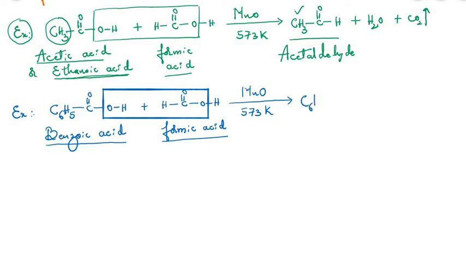So this becomes C6H5 C double bond OH with the loss of one molecule of water, H2O plus CO2. So this C6H5 C double bond OH is benzaldehyde. In fact, it is an aromatic aldehyde. Is it clear, students?